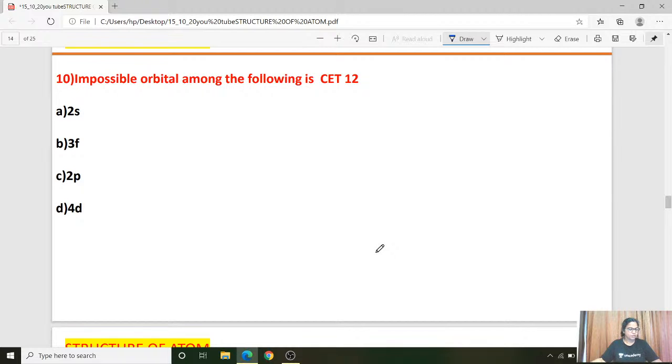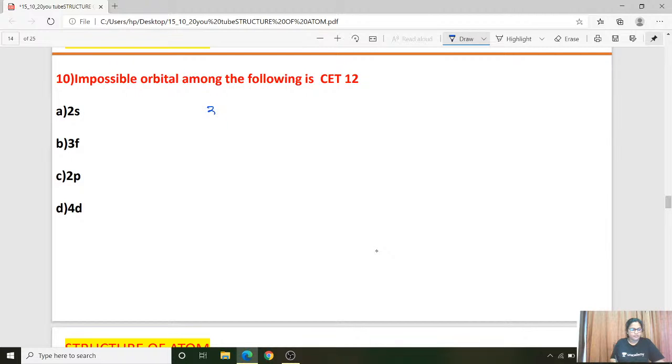Come on students, I'm expecting an answer from your side because it's a simple question. Is it 2s? Is it 3f? Is it 2p? Or is it 4d? So which is your answer? What is the right answer?